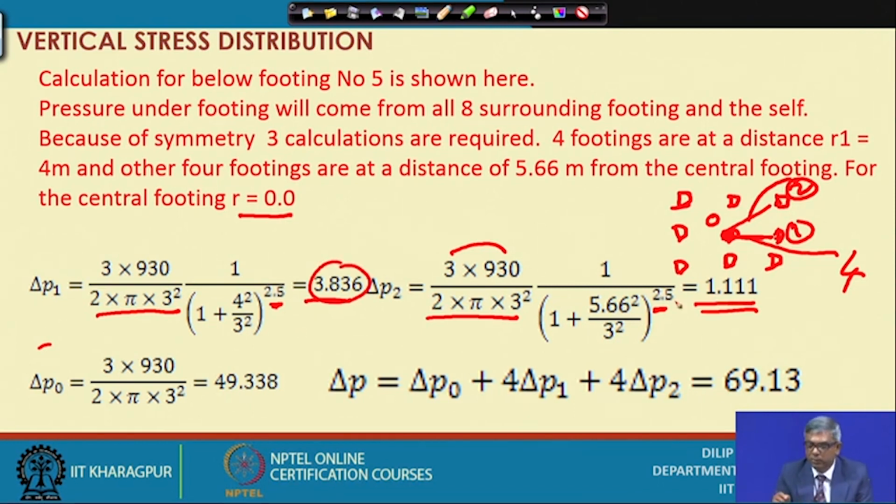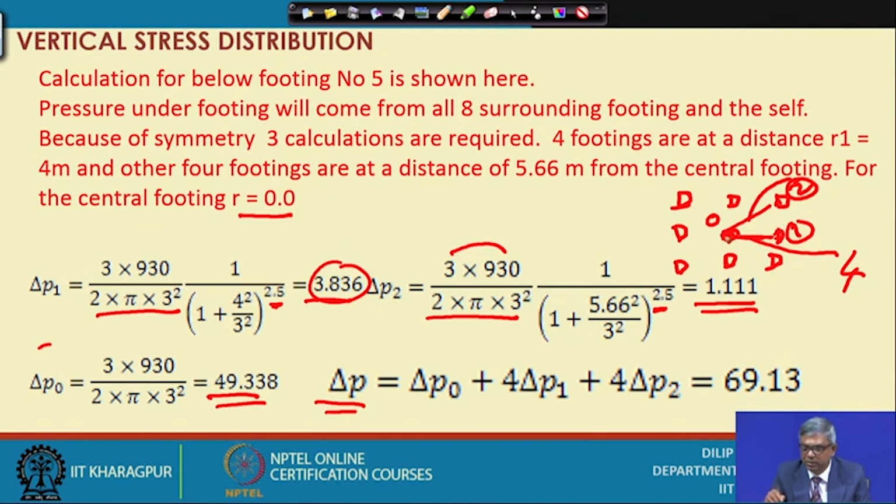For this footing itself, if I put r equal to 0, del p naught we are getting 49.338. Then what is the total pressure because of all 9 footings loaded? I want to find out the pressure below this footing. Then what do I have to do?